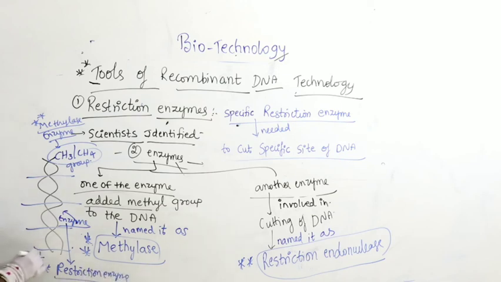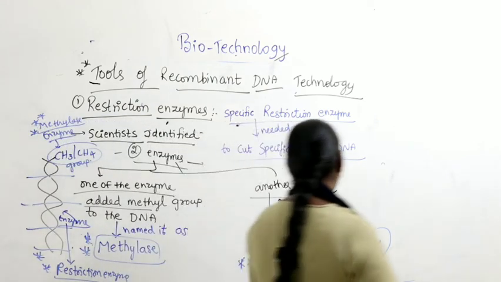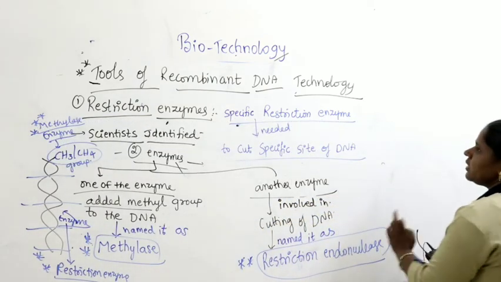So, what are the two important enzymes they identified? One enzyme adds a methyl group at the terminal end so the DNA will be more stabilized, and that is called methylase. Another enzyme is responsible for cutting the DNA into fragments, and they named it restriction enzyme. So, one enzyme is methylase and the other is restriction endonuclease.